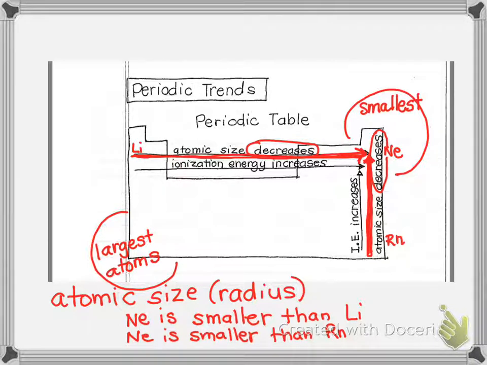Another thing we can look at trends about is the ionization energy. To make an ion, as we'll learn in the next chapter, you either gain or lose electrons. The ionization energy is the energy to remove an electron.